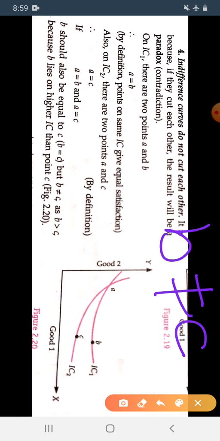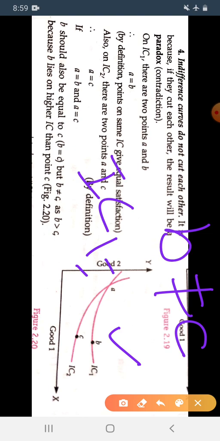Why? Because we have studied the property that the rightward IC curve will give more satisfaction than the left one. So the point B on IC1 will give more satisfaction than the point C on IC2, so we can say that indifference curves do not intersect each other.